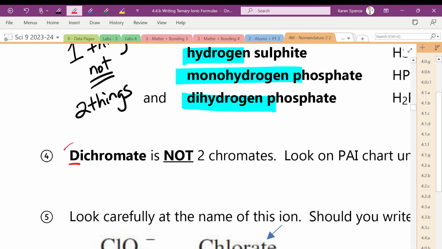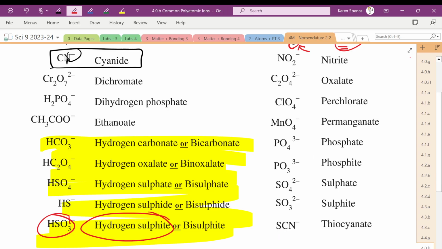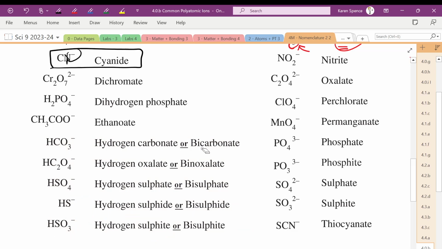Let's go look under D on our table of polyatomic ions and actually look up what is dichromate. What is dichromate?